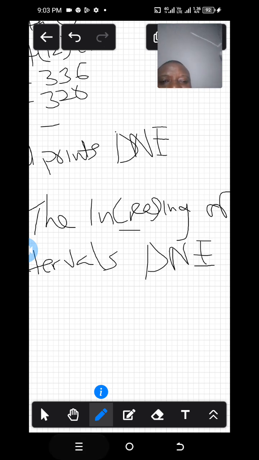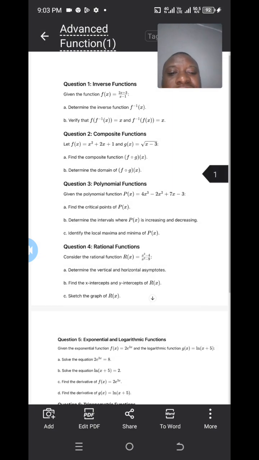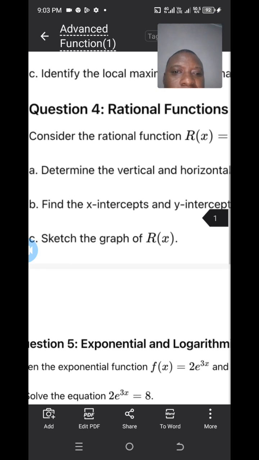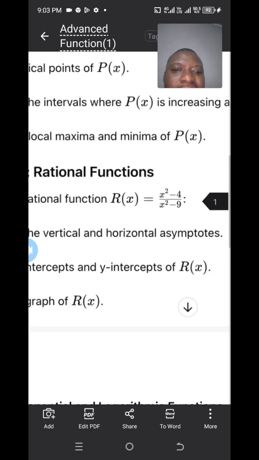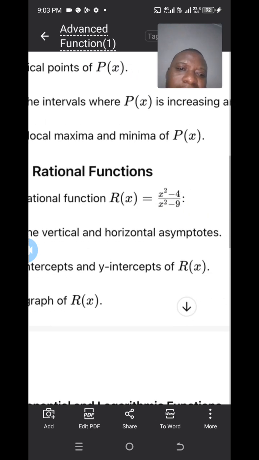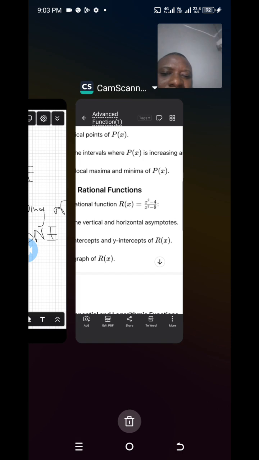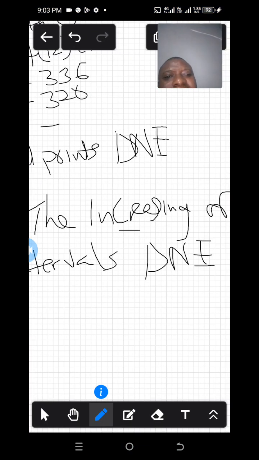In the third question, we are asked to identify the local maximum and local minimum. There's no way we can identify that because the critical point can be a local minima or a local maxima.